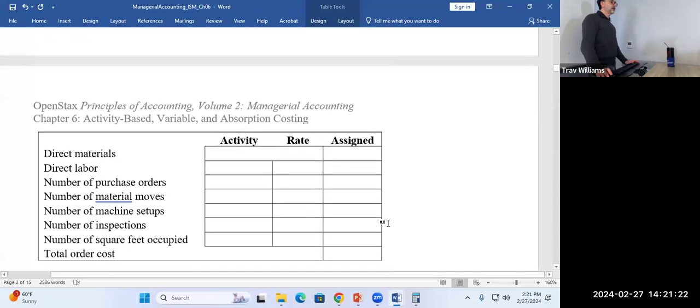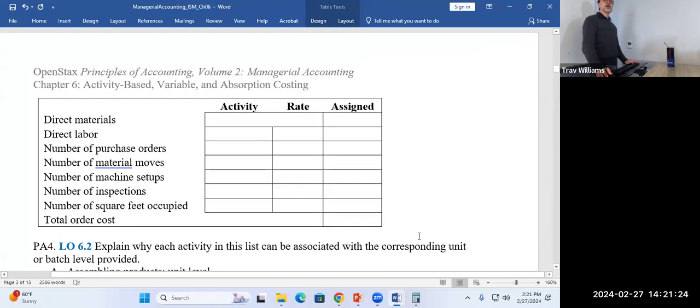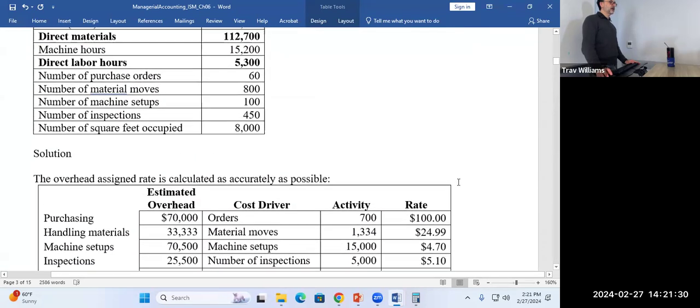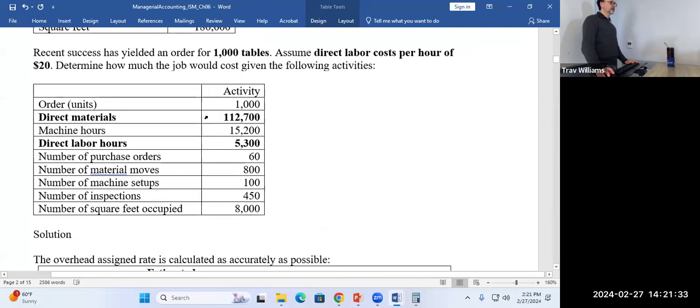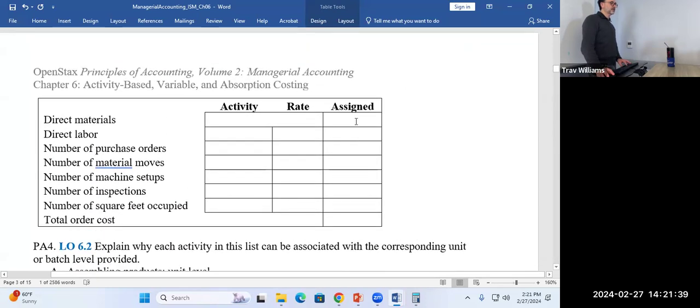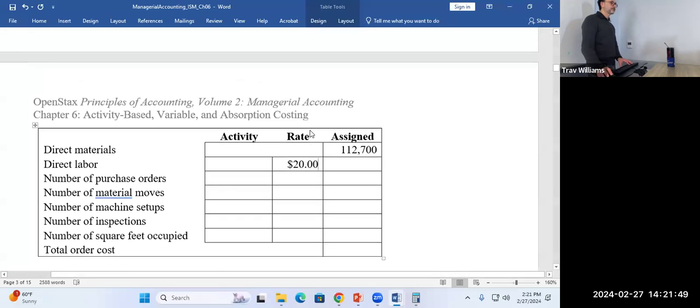All right, well now, this is where we're going to add up the cost for this particular job. So we're going to start with materials, and they gave us the material cost as a total. $112,700 of materials. Now, direct labor, they said the rate was $20 per hour, right?